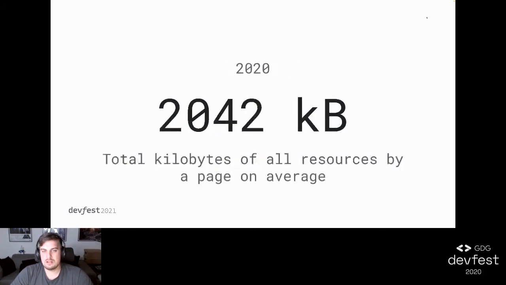But let's take a look at last year. So this is 2020. The average of all the resources that we requested on the sites went up from that relatively small number to about 2 megabytes, so 2042 kilobytes, which is a very, very big increase.